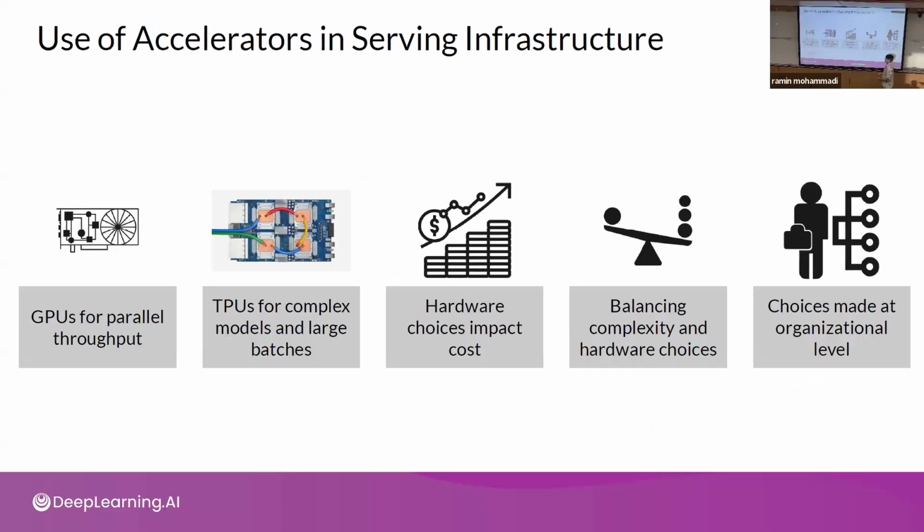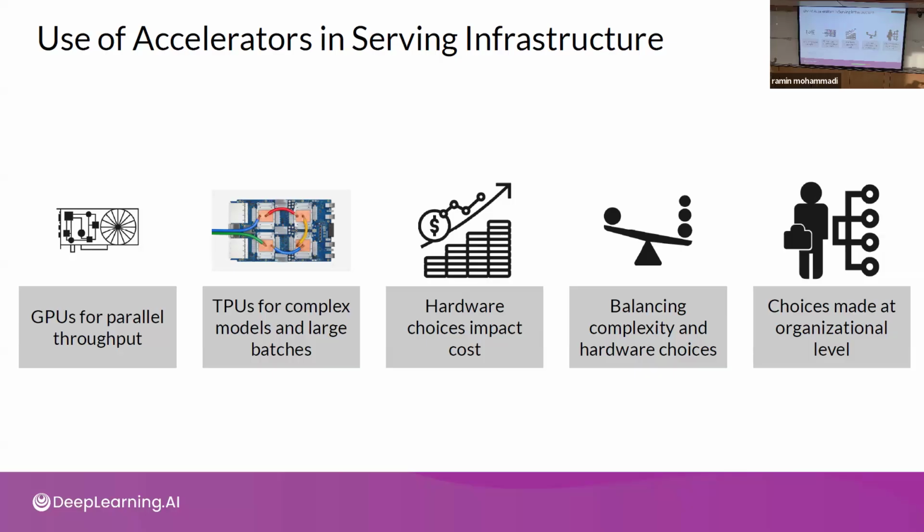Now, when it comes to accelerators, there's something to remember: GPU is for parallel processing, right? So when you increase your GPU power, technically you're increasing the throughput, like how many parallel requests I can serve.